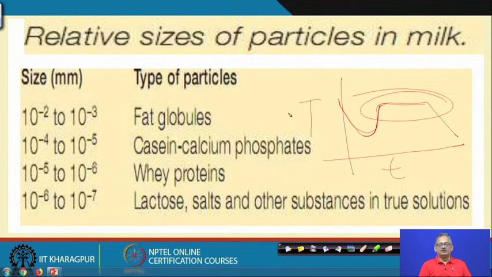This is called the degree of supercooling, corresponding to the temperature here, and this is the initial freezing point. So, this is the Ti and this is the T supercooling.